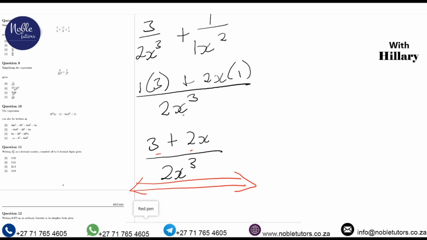Then for x, we have exponents 2 and 3, so I'm going to say 3 minus 2 gives us 1. So it's 2x to the power 1, which is as good as 2x. Then we are warm and dry on that part. So that's how we answer question number 9 as part of our fractions.